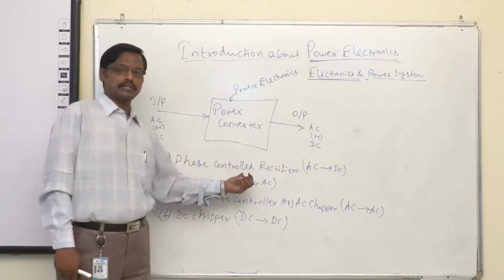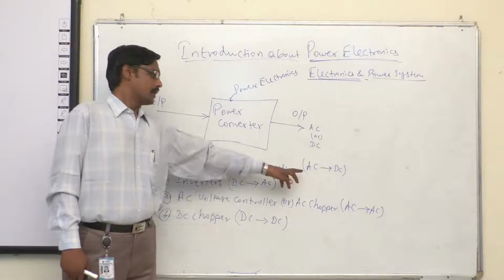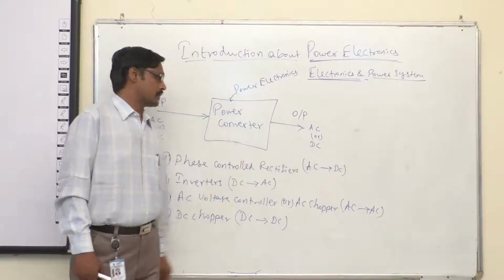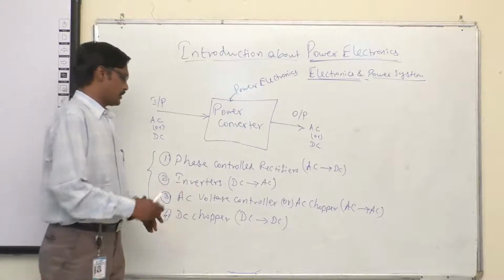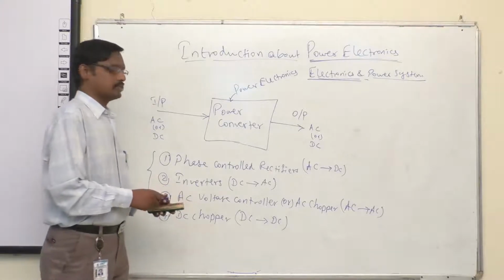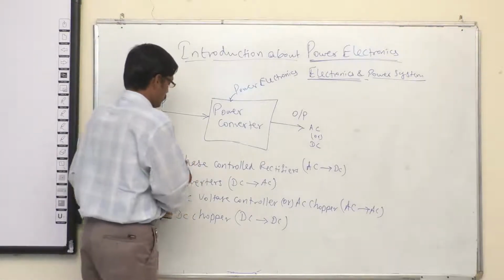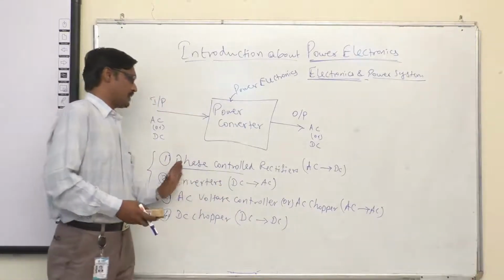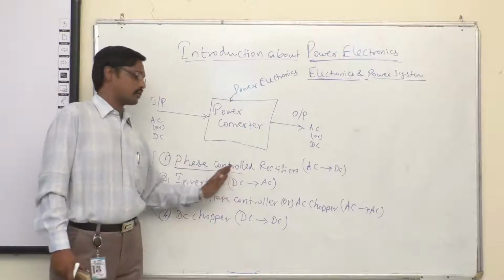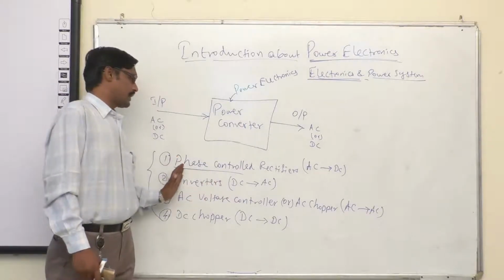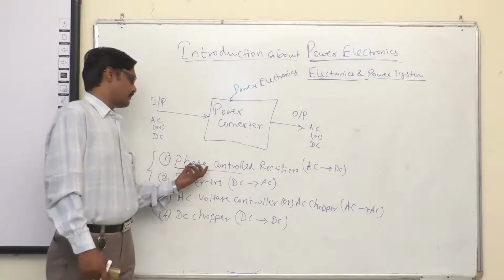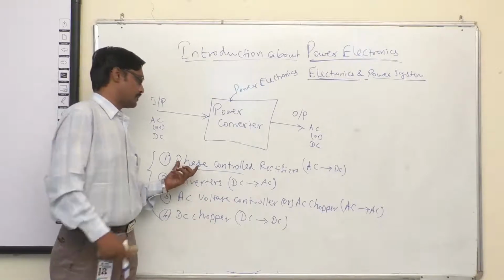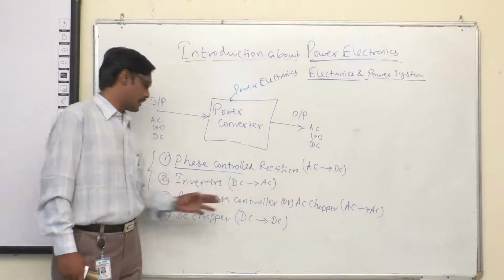Whereas in a phase controlled rectifier, even though the input is fixed, you can control the value of the output voltage by varying the firing angle of the phase controlled rectifier. This firing angle is calculated with reference to the phase of the input waveform. That is why it is called a phase controlled rectifier.